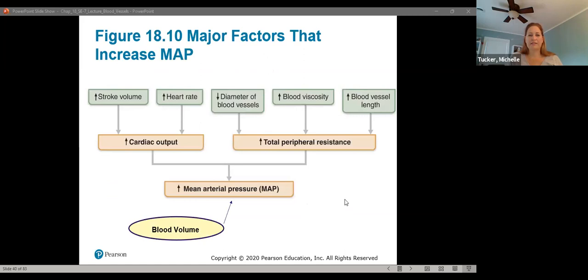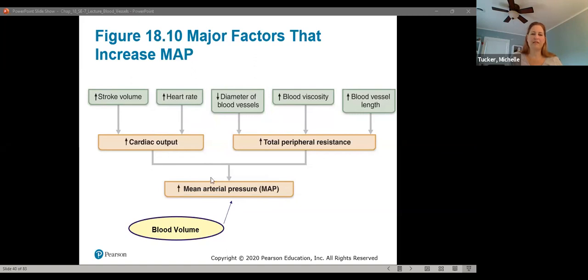So this is a good graphic. We're going to focus on how to increase or decrease mean arterial pressure. I added this in because it wasn't in there, but if you increase blood volume, you're going to increase our pressure, mean arterial pressure as well. But that's not really the focus of this section.